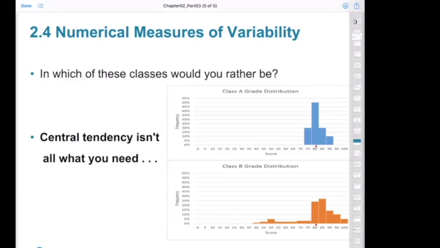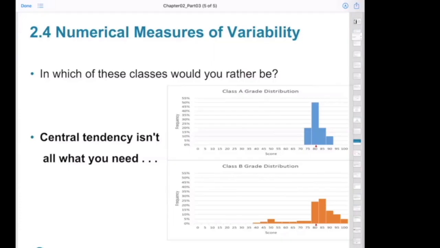Which class would you like to be in? So first of all, look at the center. Do these two classes have the same center? Yes. Look at the small red triangle down there. Do you see it? It's at 80. And the same thing for class B, at 80. So you have the same center.